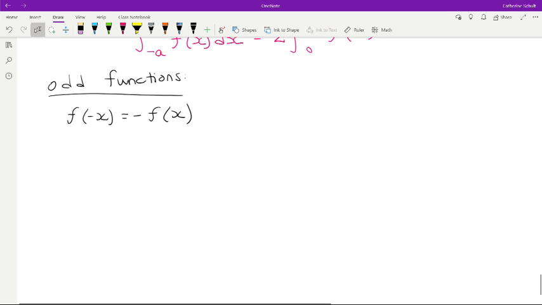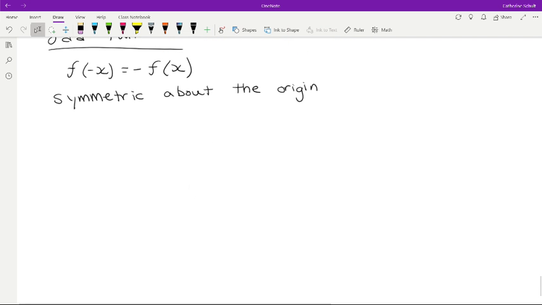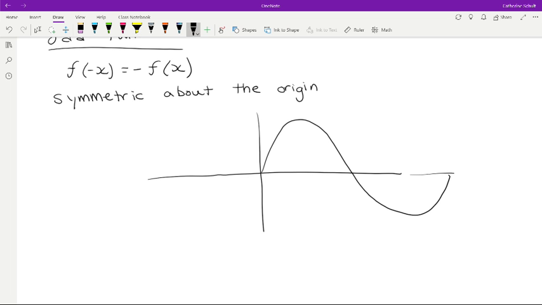And in that case, the function is symmetric about the origin. All right. So let's see, x cubed is an odd function, but I'm going to use our favorite odd function, which is the sine.